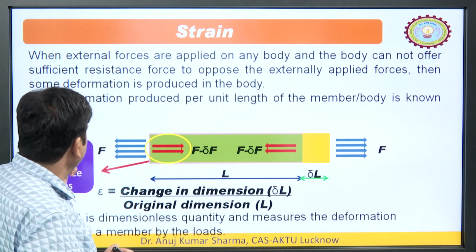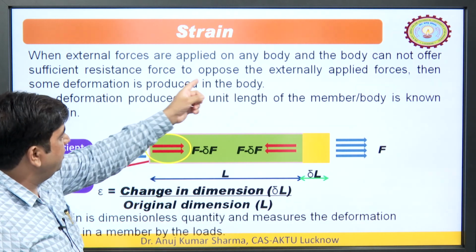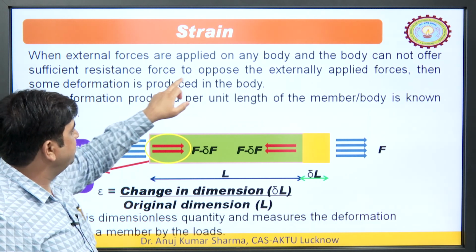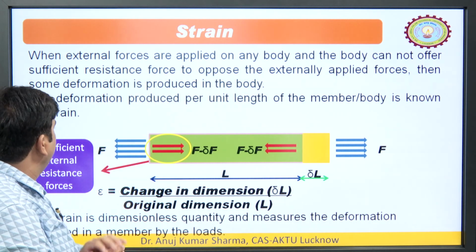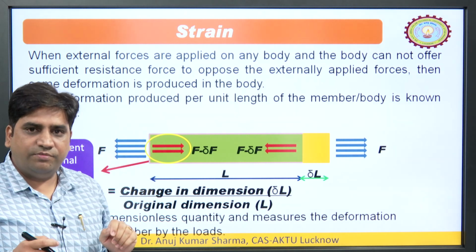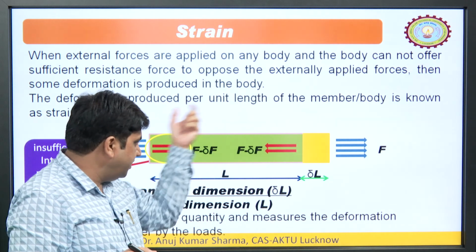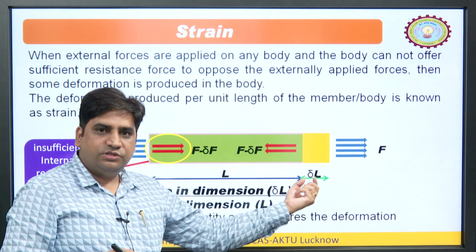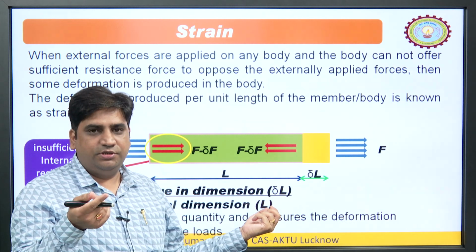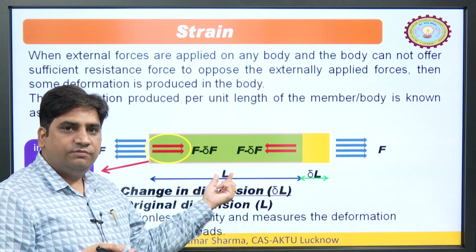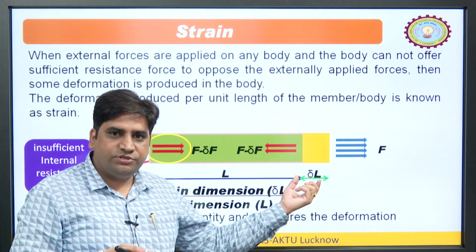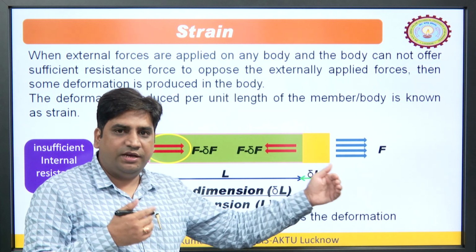So, strain is what? When external forces are applied on any body and the body cannot offer sufficient resistance force to oppose the externally applied force, then some deformation is produced in the body. This deformation, in this case delta L, per unit original size of the object is the strain. The original size was L meter and now the elongation is delta L, meaning final length minus initial length.